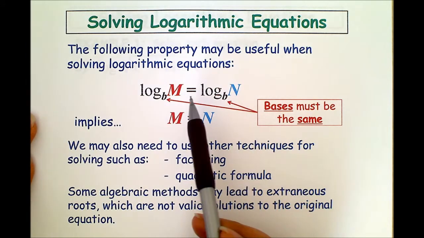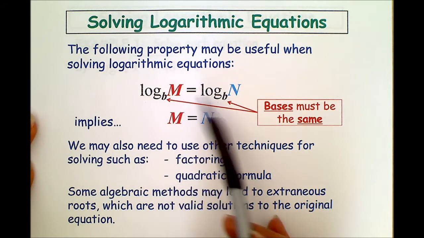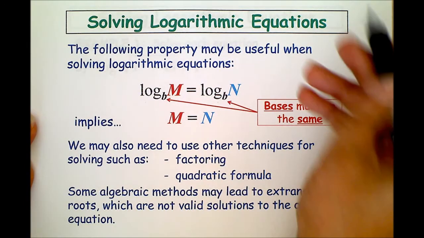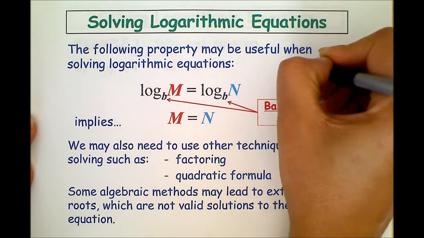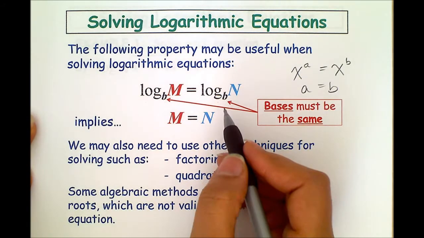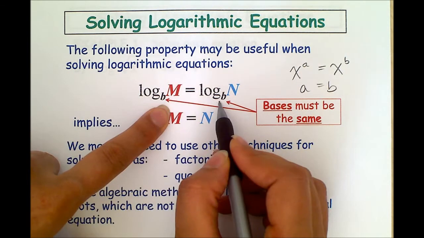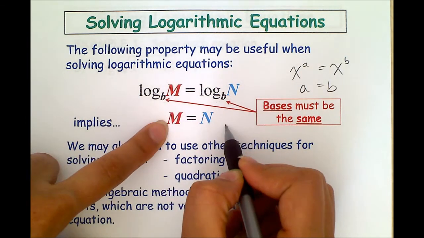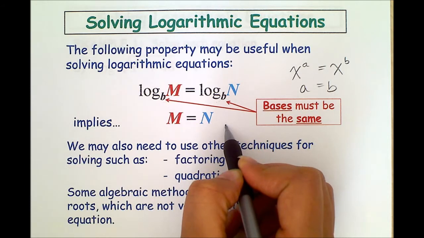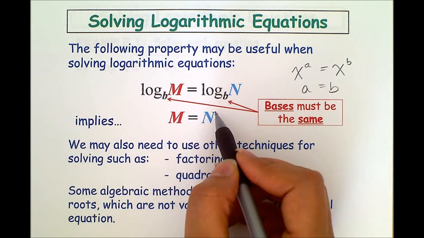As long as the log has the same base on either side, then the answer parts must be equal to each other. It's sort of like when you have x exponent a equals x exponent b, which means a is equal to b. It's the same idea with logarithms. So if you have log of this base equals log of this base, then the answer parts must be equal to each other. This is only good if you have a logarithm with the same base on either side of the equal sign.